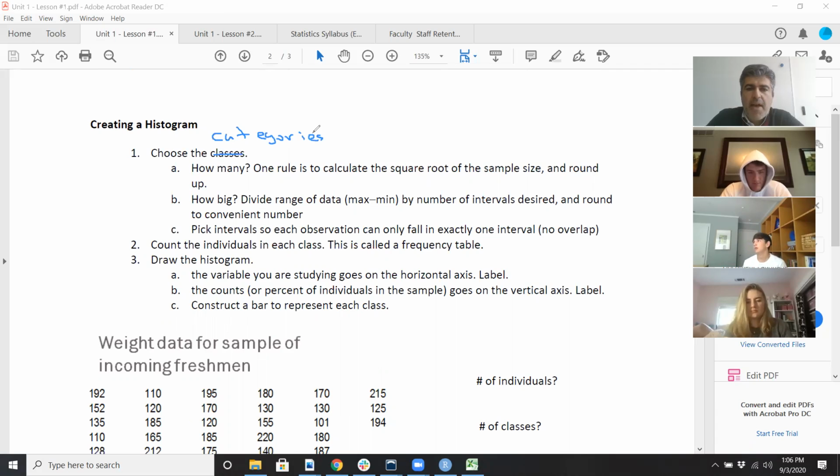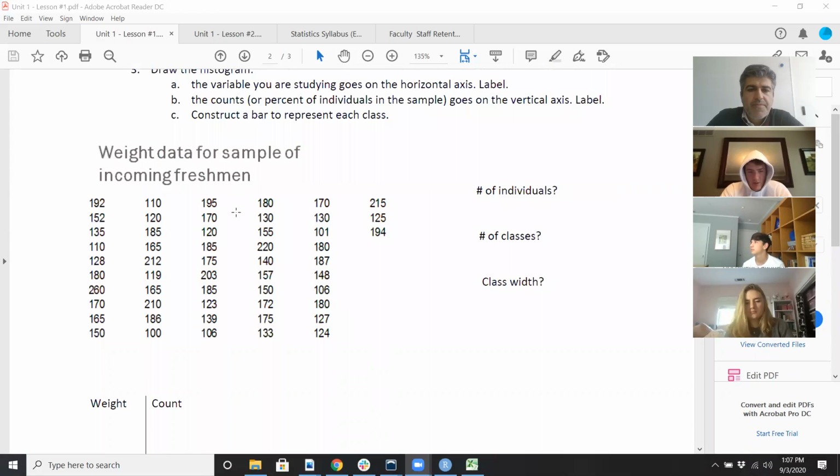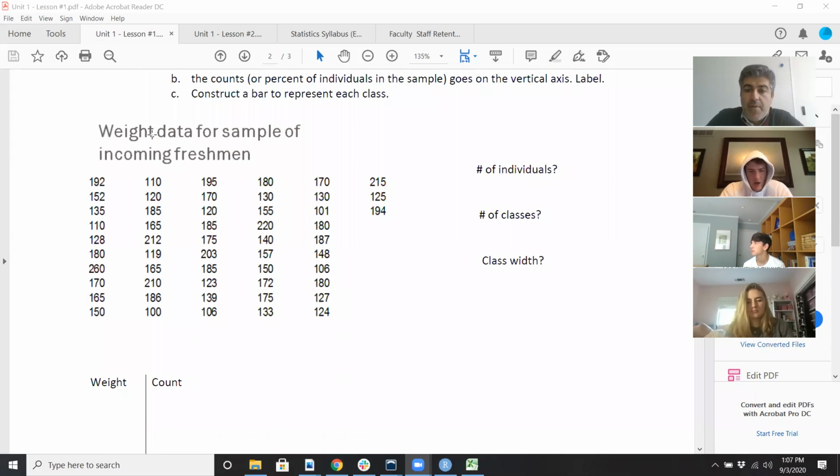But let's talk about what our data is first. How about that? Before we get too carried away. What is the data we're dealing with? We're dealing with weight, right? And then we need, I'll call it categories.